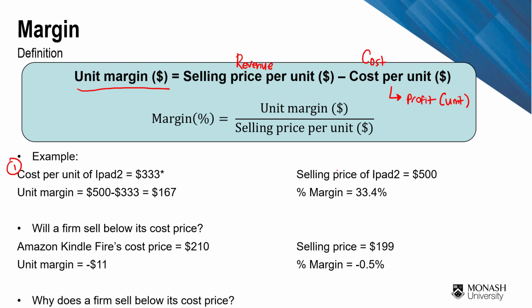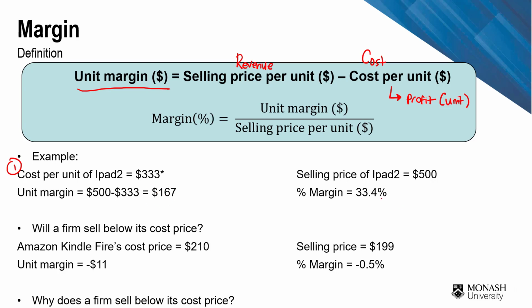The unit margin here is positive because the selling price is a lot higher than the cost, so you are ideally making some sort of profit. The unit margin is 500 minus 333, which gives me 167.